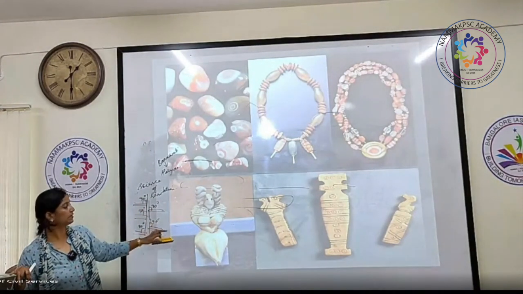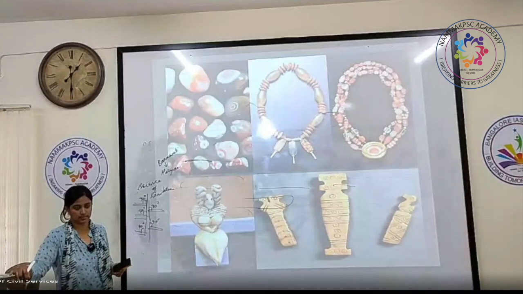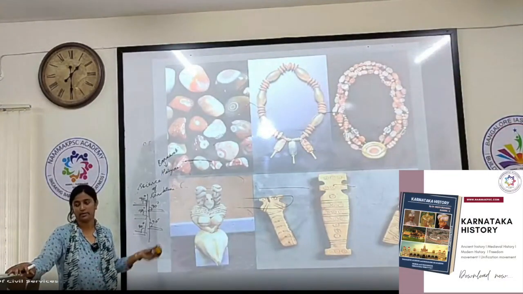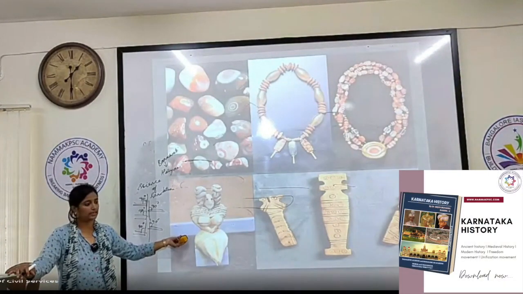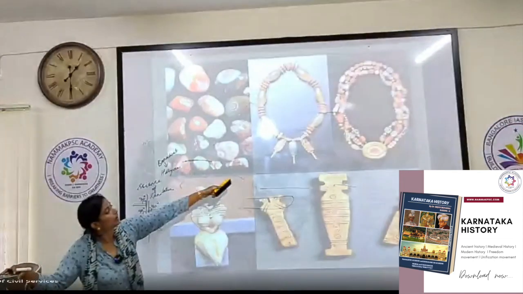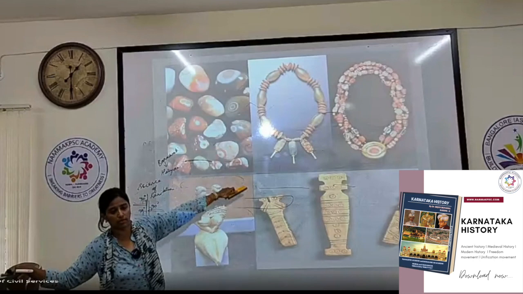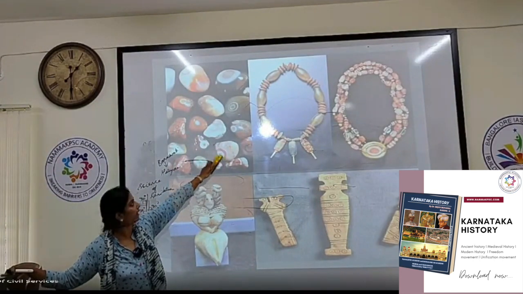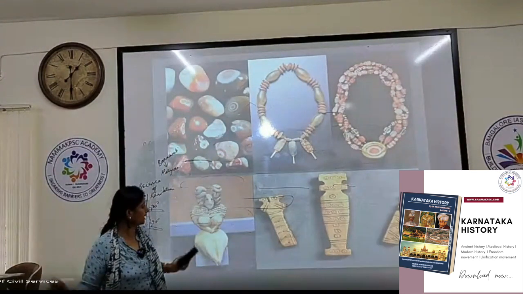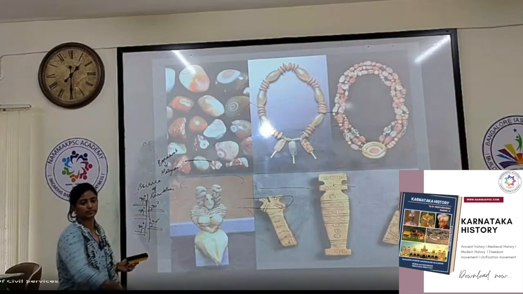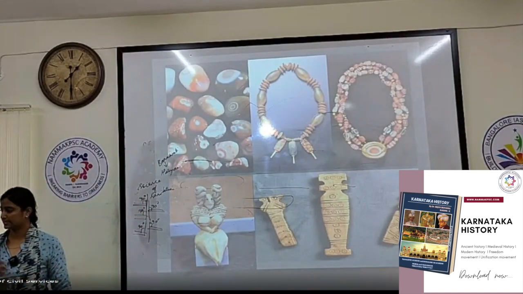Mostly we find female figurines like this, which means that they might have prayed to a female goddess. So these are the bead jewelry that they developed. This could be any stone, precious and semi-precious stones. Using them, they developed things like that. These are ivory carvings.